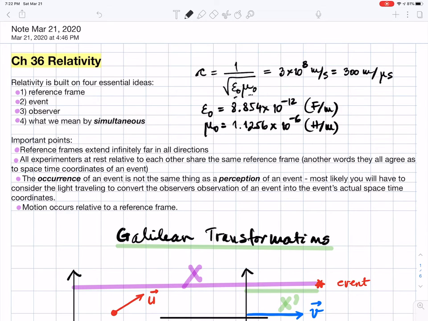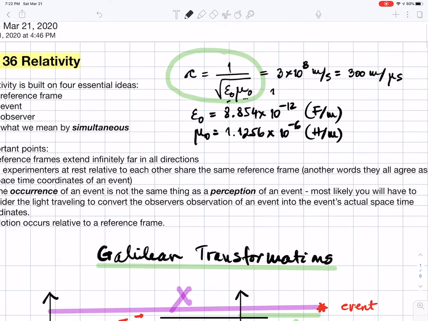I'm going to double check on that, but that's what I remember right now. Now, what's important about the speed of light is that it is valid in all inertial references.